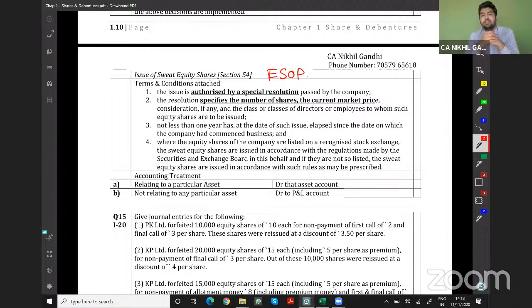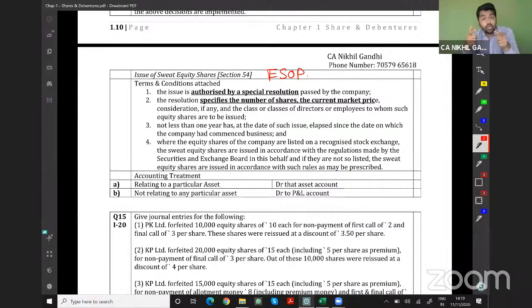To avoid this, they have given an option. Mr. X, do you know the share? Do you know my share? Yes. Very good. Do you know the value of my share? Yes, sir, it is 500 rupees. I will give you this 500 rupees share for only 40 rupees.